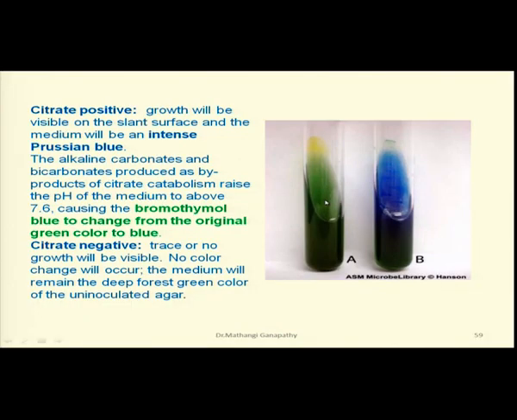If the organism is not capable, you are not going to see any growth or this color change. Even after 3 or 4 days of incubation, you are still going to see the same green color of the uninoculated agar. So, this will indicate whether the organism is positive or negative.